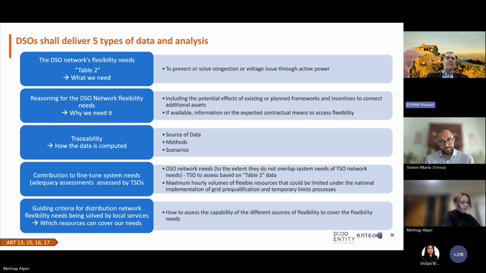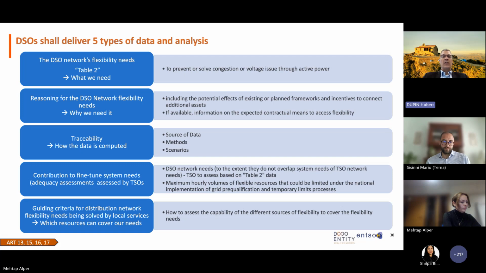But in terms of flexibility needs, if we have incentives to connect a lot of low voltage PV, and it creates a lot of low voltage congestion, this is how much energy will not be produced. Maybe we can say, well, if the incentives were to connect in medium voltage or high voltage, we would install as much capacity, but generate less curtailment or less flexibility needs.